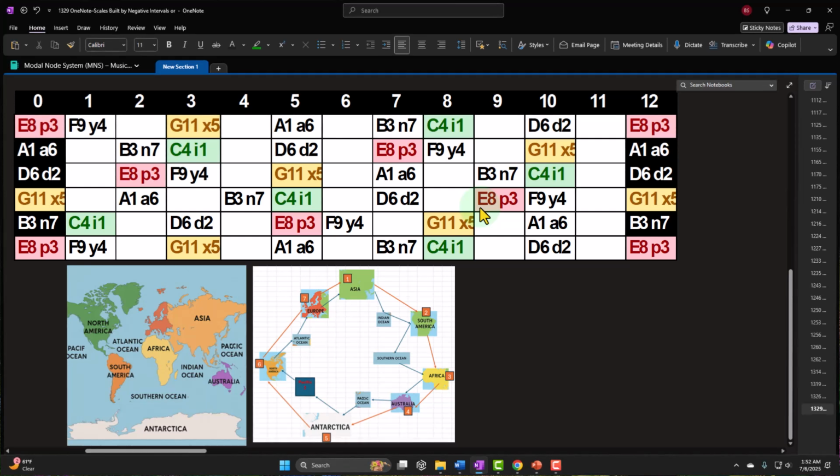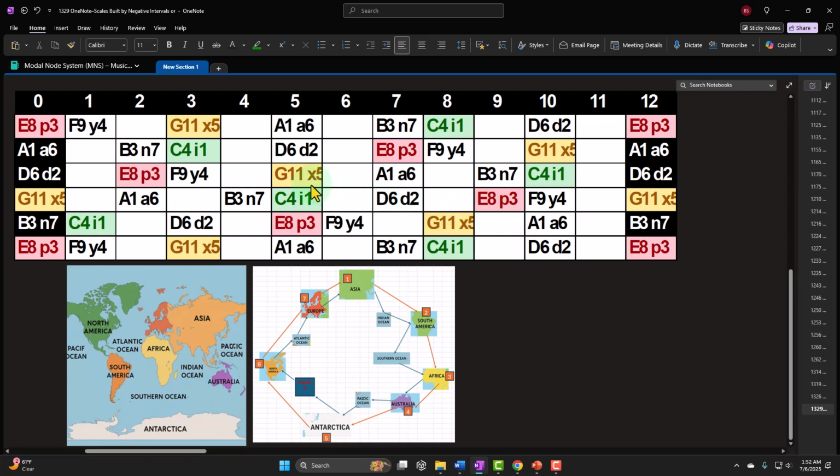I have 2 types of measuring methods, one being modal half steps or continent hopping, 2 continents up, which is equivalent to scale degrees, but you make this the 1, the 3rd scale degree. So what's the distance in continents and oceans or notes to get to 2 continents up, 2nd modal half step or 3rd scale degree, 1, 2, 3, 4, 4 notes up or 4 continents and oceans?